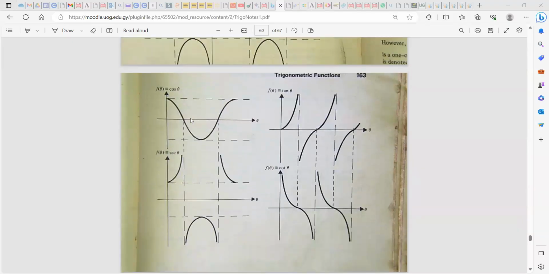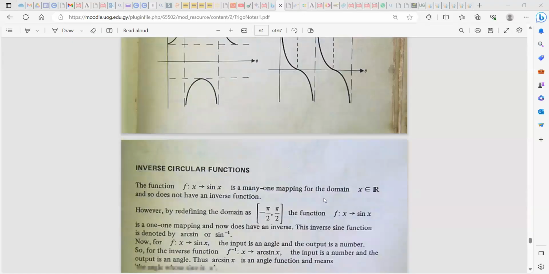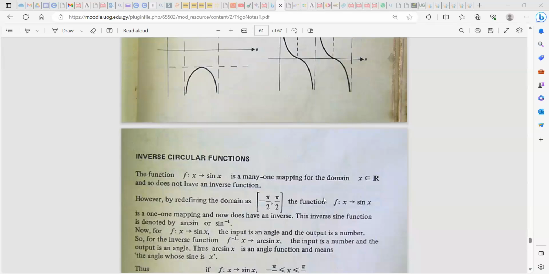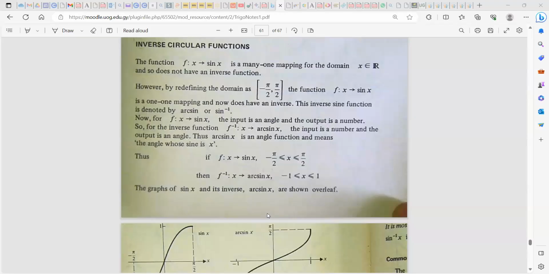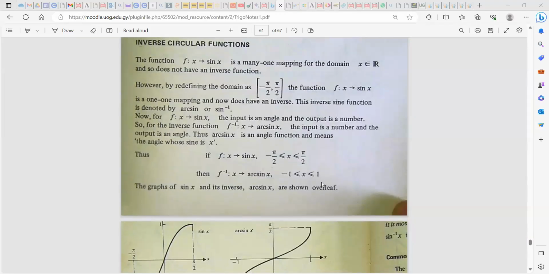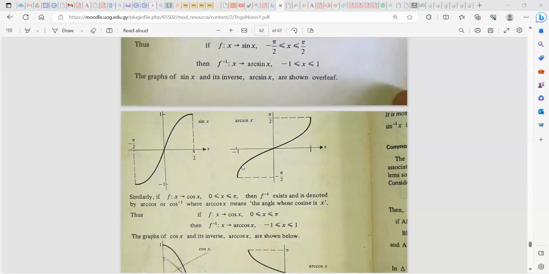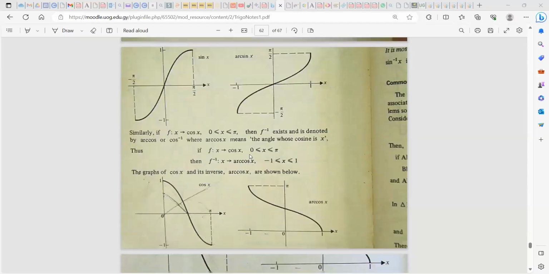And the same is true of the secant and the cotangent graphs. I forgot these here, the inverse circular functions as well. I go to a graphing program, and the inverse graphs look like this. Get familiar with them because you'll need them in calculus.